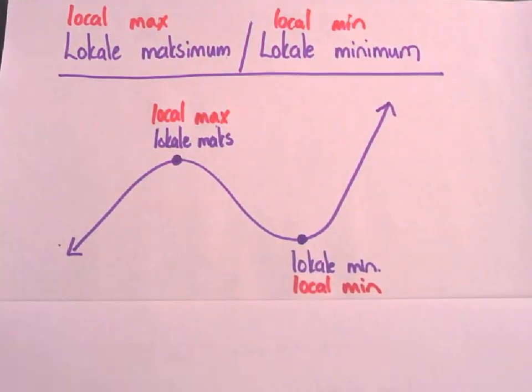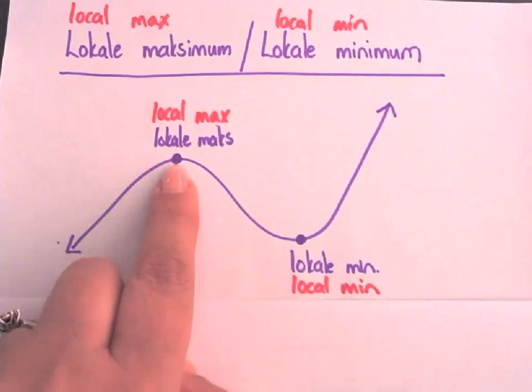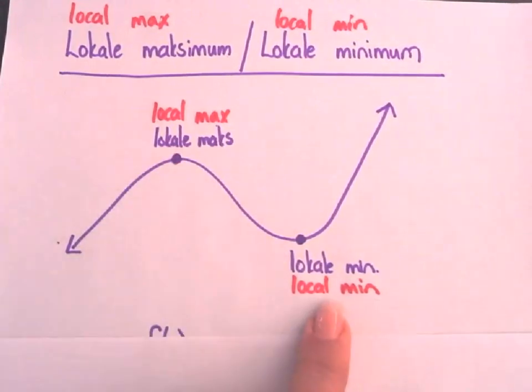You all agree that that turning point is a local maximum and this one is a local minimum. Do you know why?